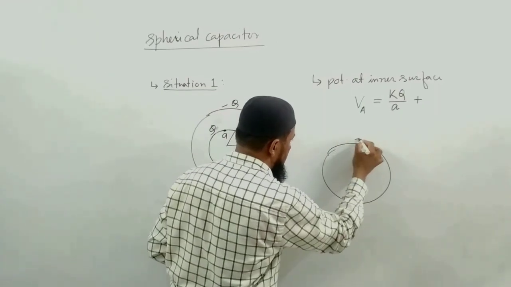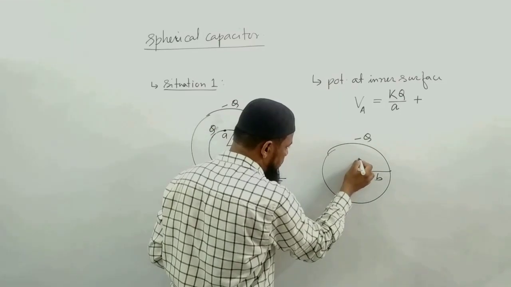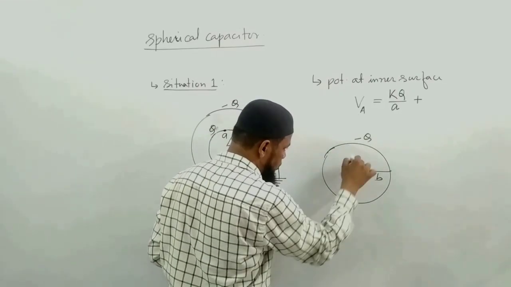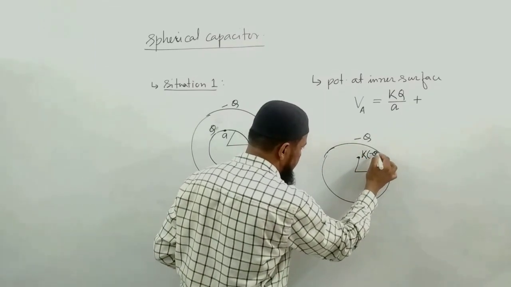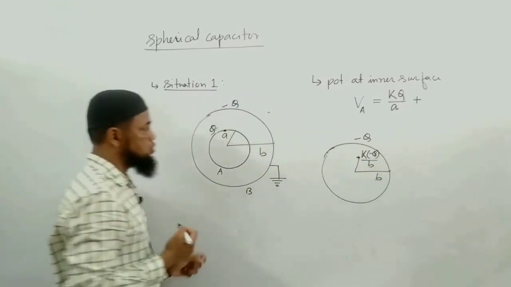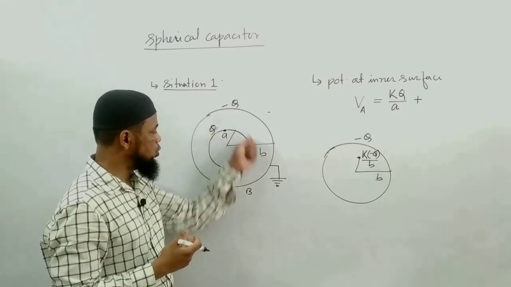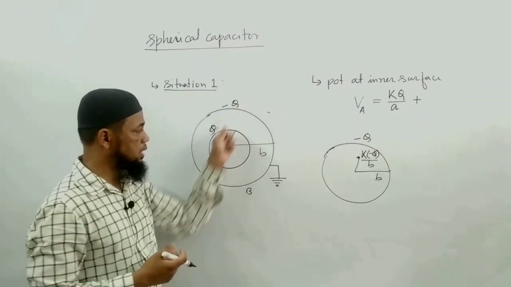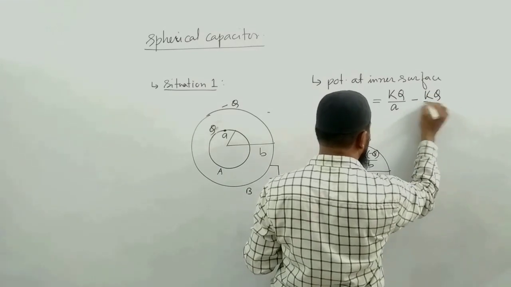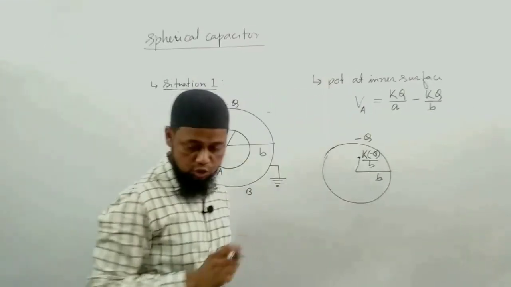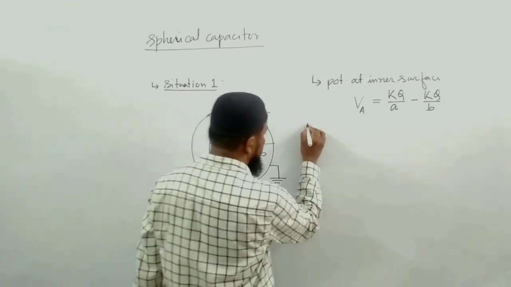We know if there is a sphere having charge minus Q and radius B, the potential within will be the same as on its surface, that is K times minus Q divided by B. So at this surface A, the potential because of its own charge is KQ by A, and because of the outer charge it is K times minus Q by B. This is the potential on the inner surface.